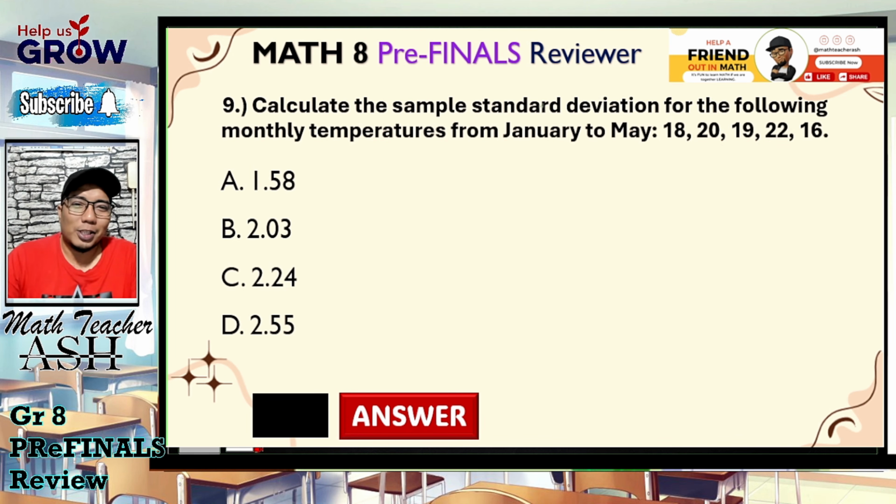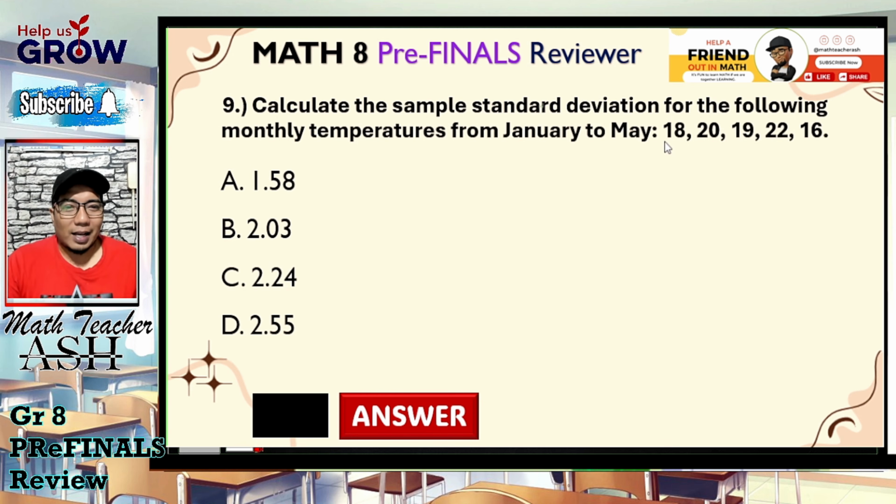Alright, my dear math learners, another question about sample standard deviation. So what do we do here? First, we add all the 5 numbers and divide by 5 to get the mean. Adding 18, 20, 19, 22, and 16, the answer would be, I think, 95. So 95 divided by 5, the answer is 19.